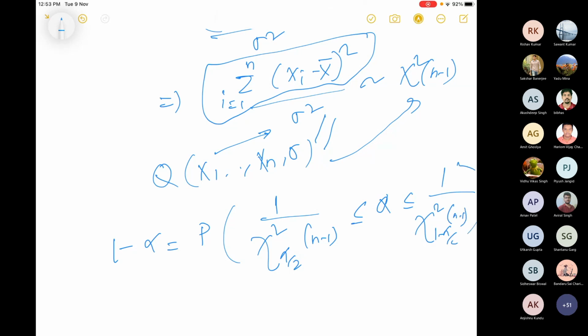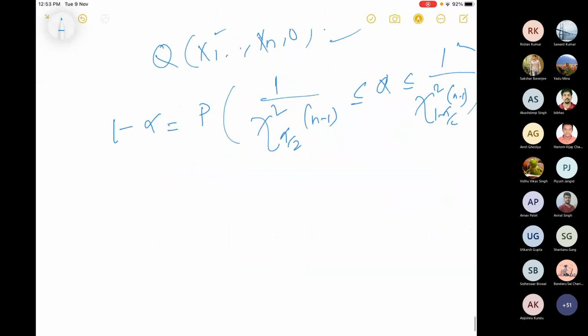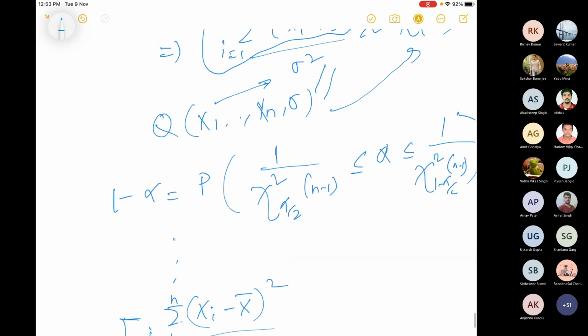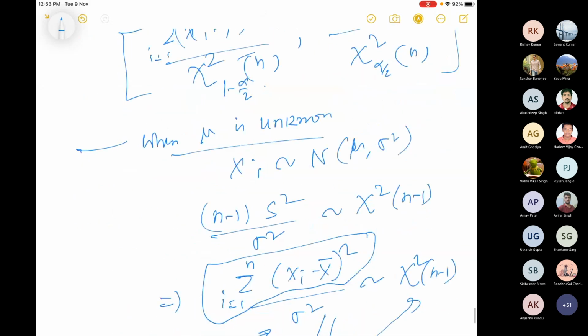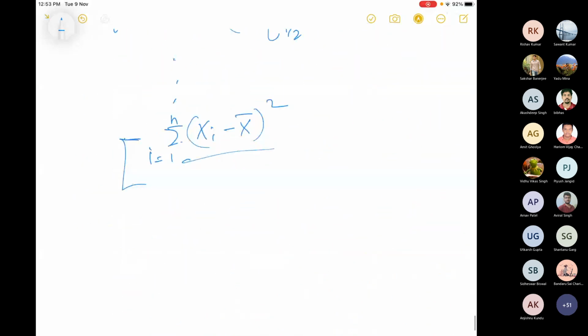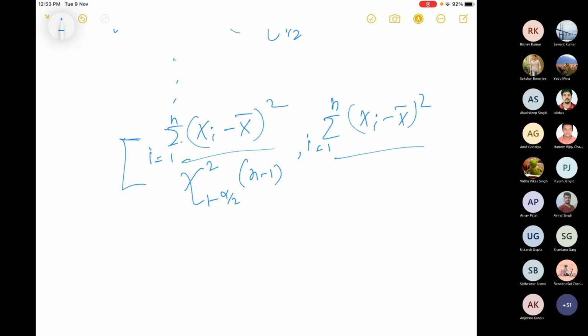With a little bit of calculation, my confidence interval holds the same way, with mu replaced by x bar because mu is unknown here: the sum over i equal to 1 to n of (xi minus x bar) whole square by chi square 1 minus alpha by 2, n minus 1, to the sum of (xi minus x bar) whole square by chi square alpha by 2, n minus 1.